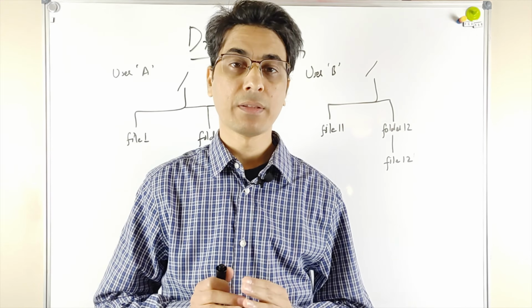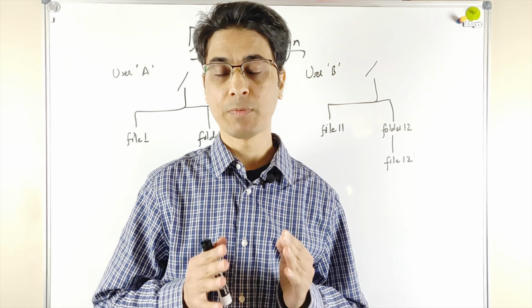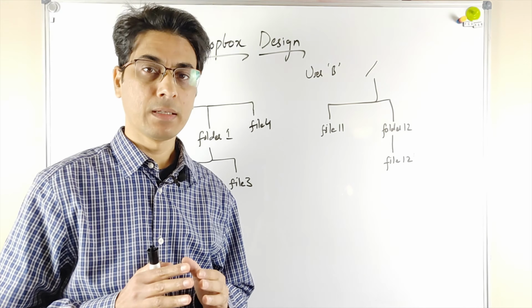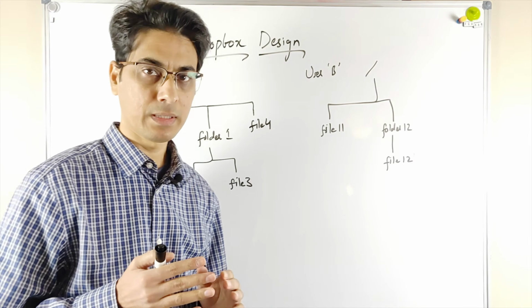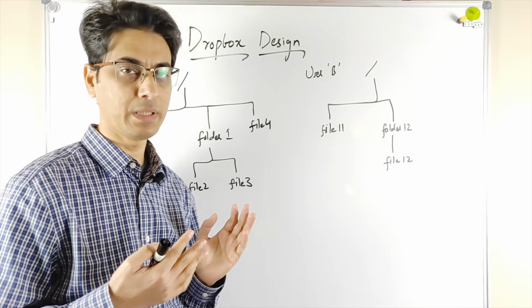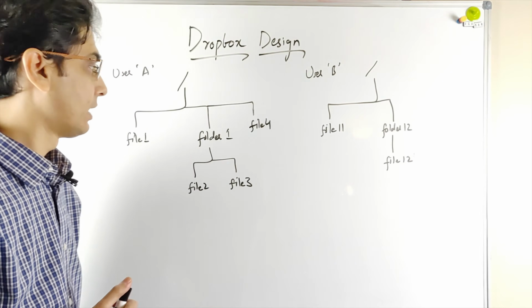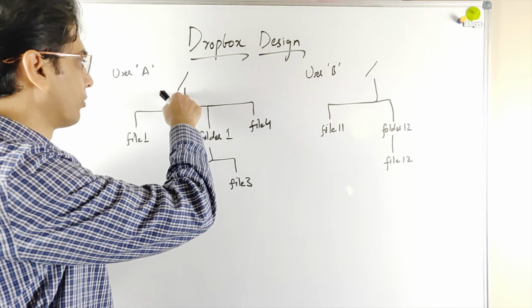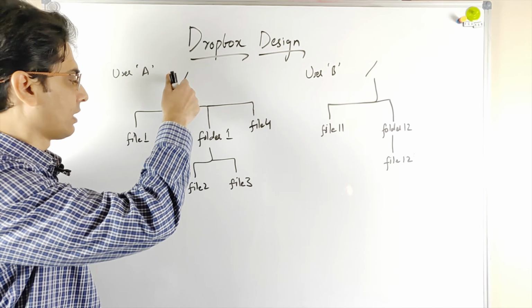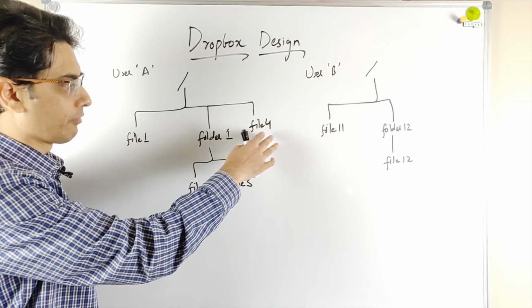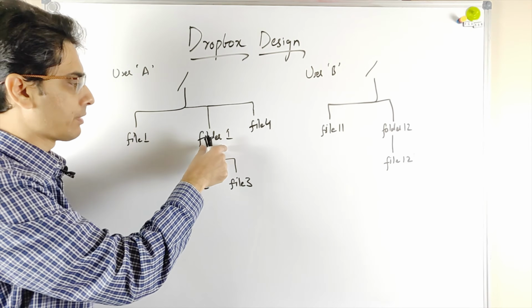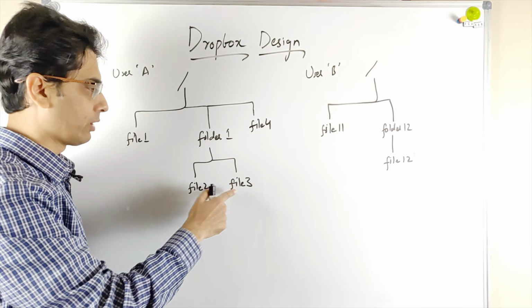Now let's discuss what a Dropbox namespace means. In order to explain what a Dropbox namespace is, I'm going to consider an example. Suppose we have two users, user A and user B. The user A has this root folder where it has file 1, file 4, and then it has a subfolder, folder 1, which has file 2 and file 3.